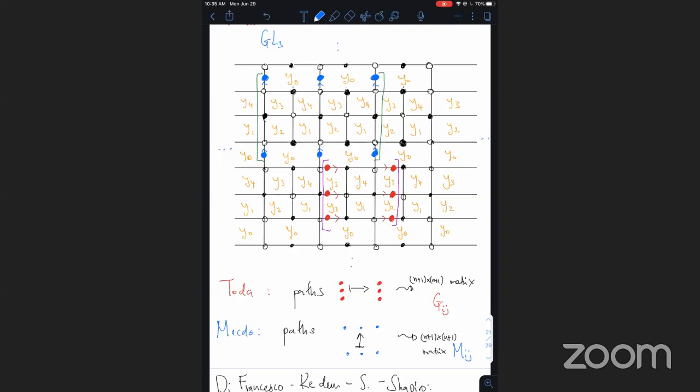Yeah. But I have a question. Naively, if we compute such a dimer partition function, then all the operators that we get should commute with each other. But in your case, as I understand, these vertical operators and horizontal operators do not commute. Correct, absolutely not.